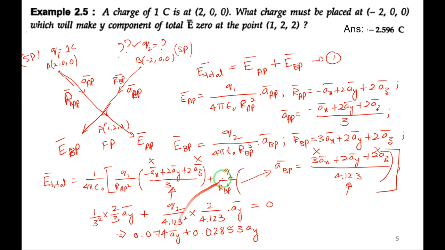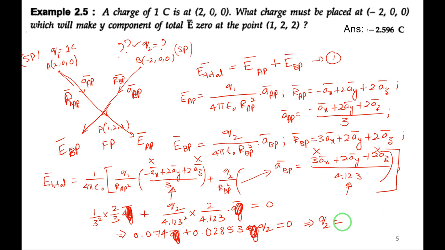Sorry, only the Y component I should take, which means I should not take AY here, because a component means I have to take scalar quantities. So AY should not be taken. Please keep that in mind. And Q2 is there, Q2 equal to 0. Find out Q2. So take this 0.074 to the RHS: Q2 is equal to minus 0.074 divided by 0.02853.